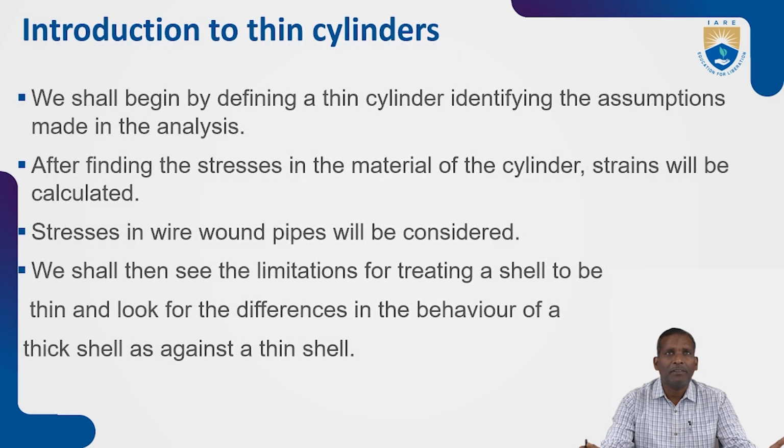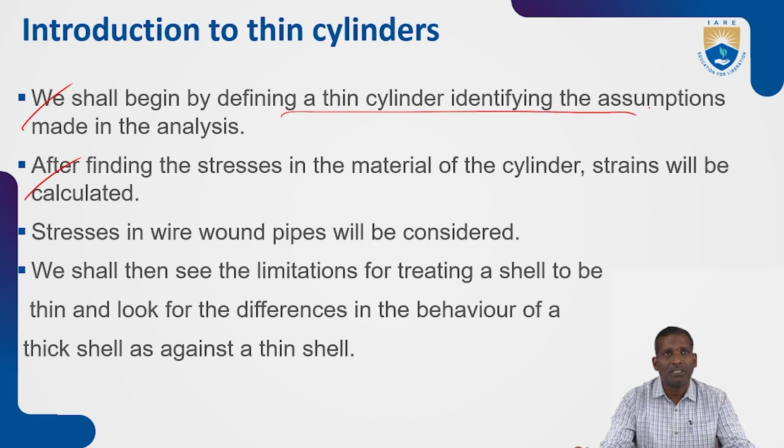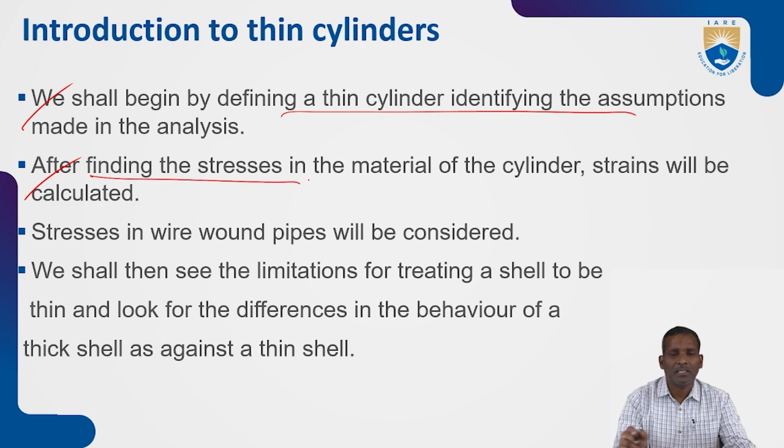We shall begin by defining a thin cylinder and identifying the assumptions made in the analysis. Some assumptions are made to derive the thin cylinder stress equations. After finding the stresses, the strains in the material of the cylinder will be calculated.